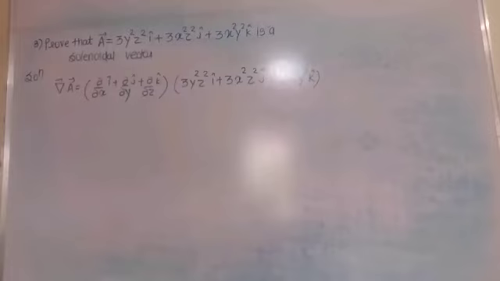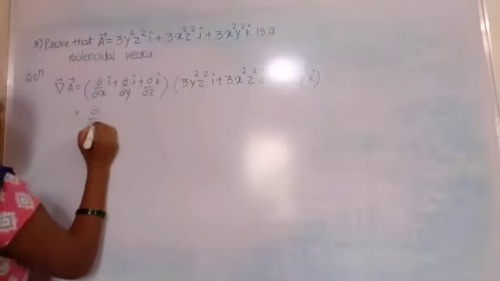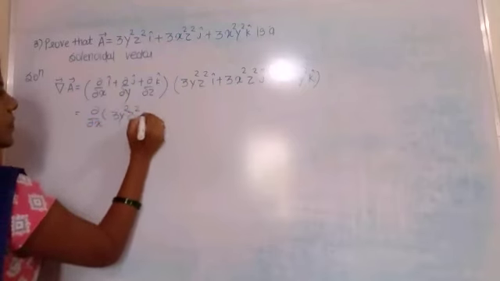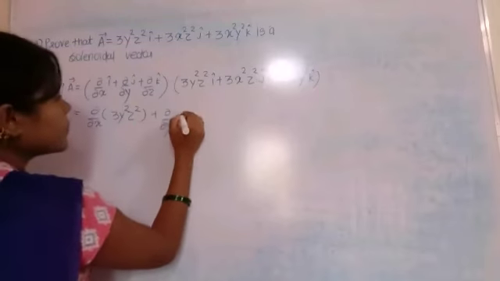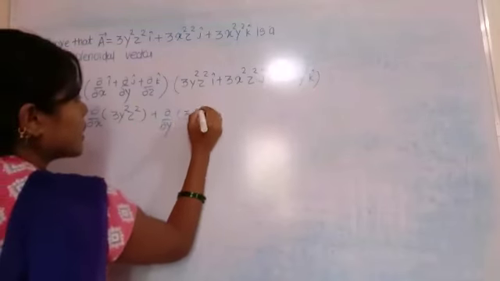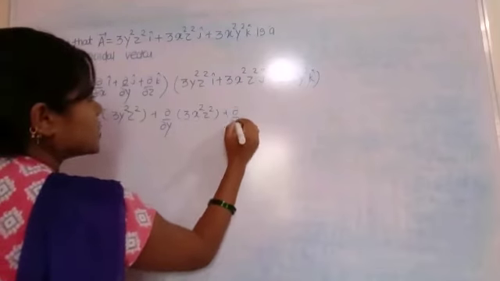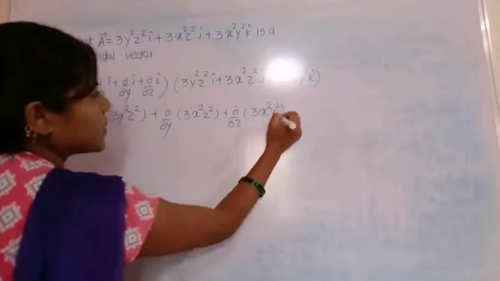Okay, so we have to find first i into i. So we get del by del x of 3y square z square plus del by del y of 3x square z square plus del by del z of 3x square y square.